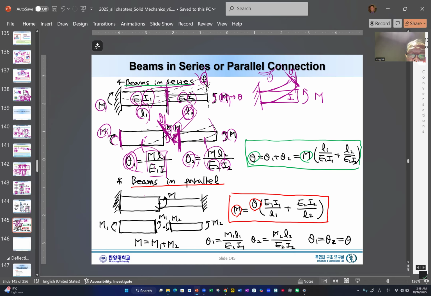So simply theta 1 plus theta 2. This is the theta at the cross section on the right hand side. Okay. So the moment and moment will be the same, and these are the terms we need to add.